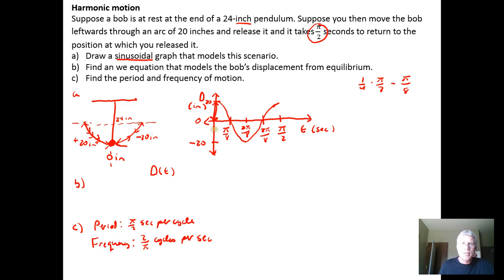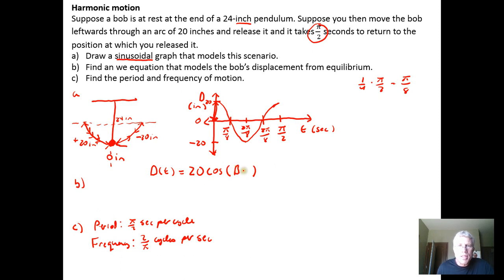Amplitude is that max distance we get from equilibrium, either above or below. So we get a vertical stretch of 20 units on the cosine function. No reflection needed. We don't need a horizontal shift because we're starting in our natural position, and we don't need a vertical shift because the equilibrium is the line d equals 0, so we're on the axis.